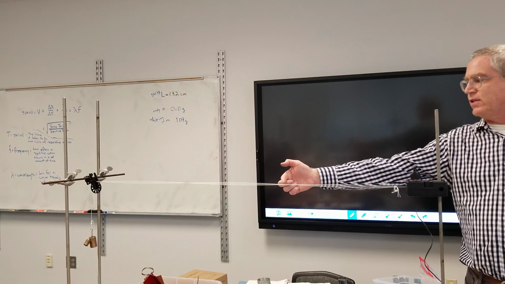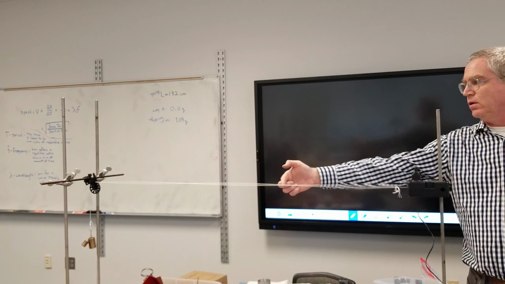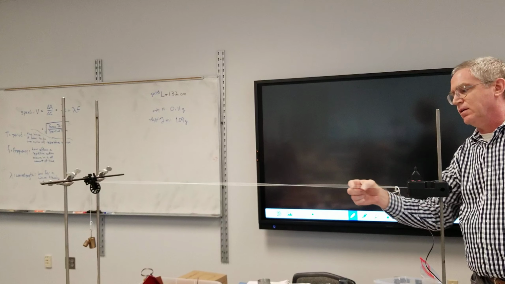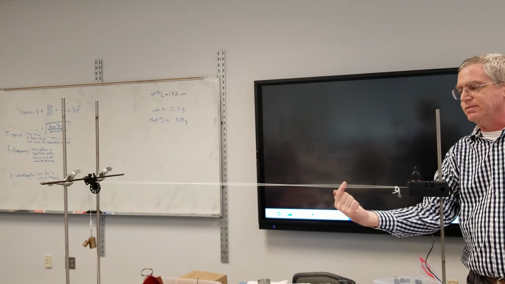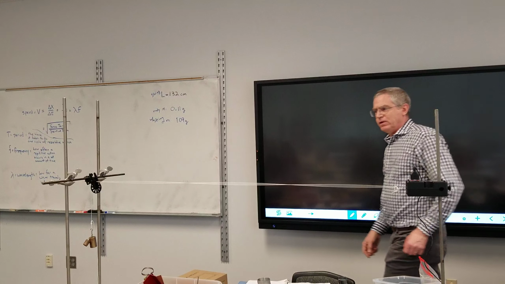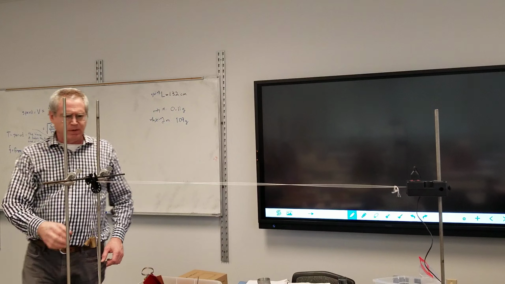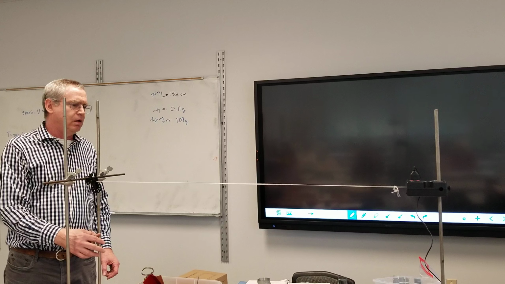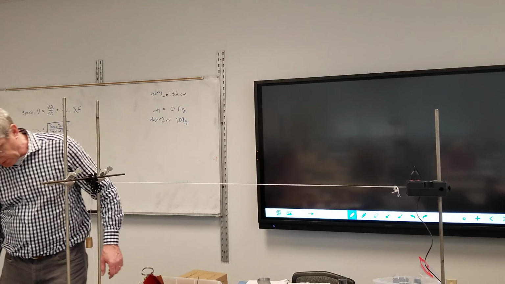So we have a point here that's not moving much. That's the node. We have another node right there. There's a node at that end and a node at this end. Where it's vibrating the most, antinode. Now, hopefully, let's see if I can make that just a little bit bigger.